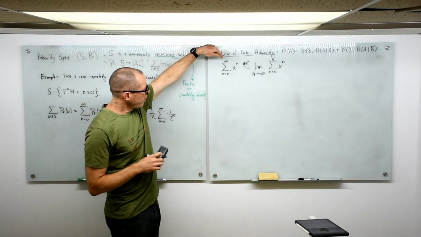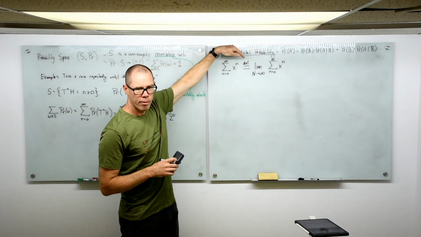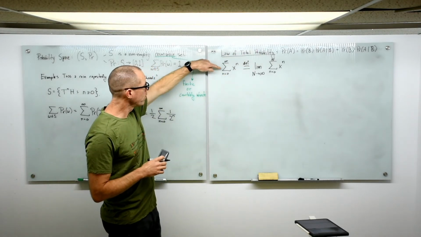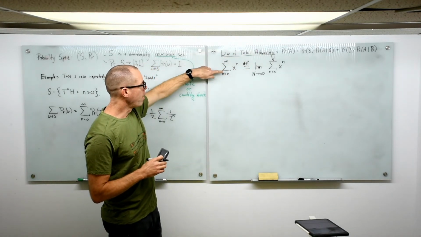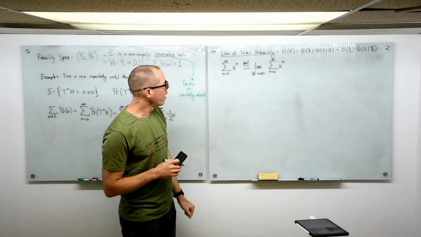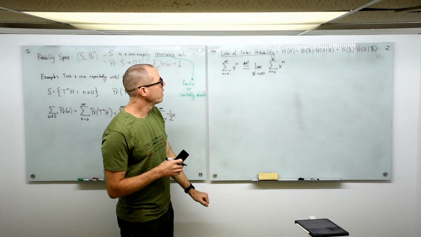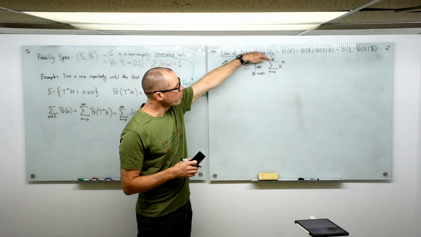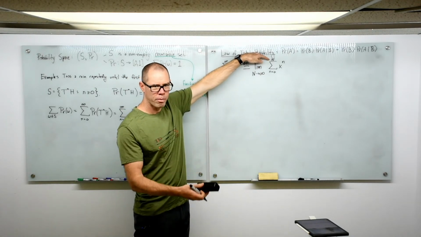This is really the definition of an infinite sum. So when you see a sum that goes from something up to infinity, it really means it's the limit of finite sums, where you just keep taking the upper bound on the sum to be bigger and bigger and bigger.